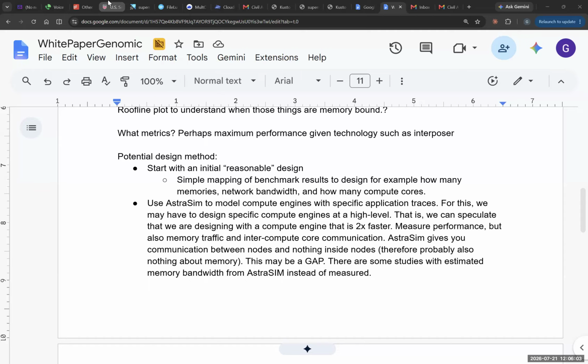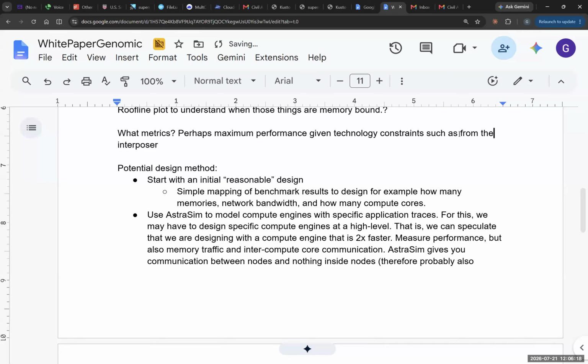Ah, okay. By the way, AstraSim, we looked at it in the AI hardware software co-design as a simulation tool. So how do you plan to use it in this project?